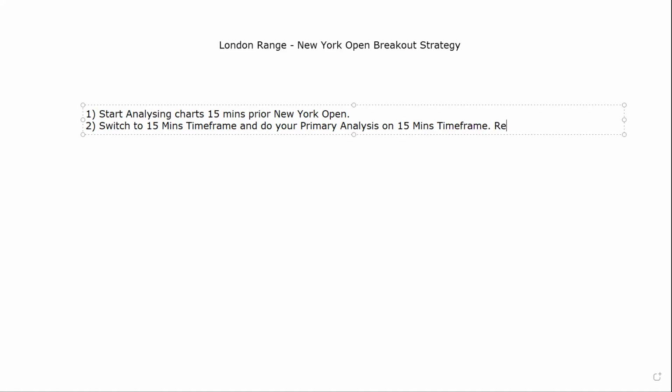Refinement will be done on 5 minutes time frame. You know that, right? We refine our chart, our trading structure on 5 minutes time frame, similar to London Open. And execution will be performed. Execution means entering the trades once you identify the entry points. Execution will be performed on 3 minutes time frame.